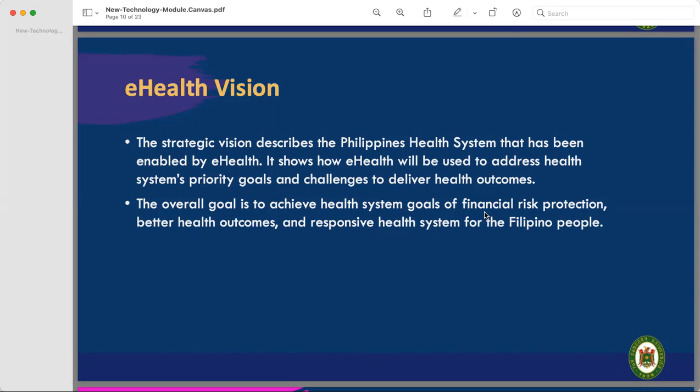Indeed, there is a need for the application of technology in facilitating provision of healthcare to the people. And we have seen that.